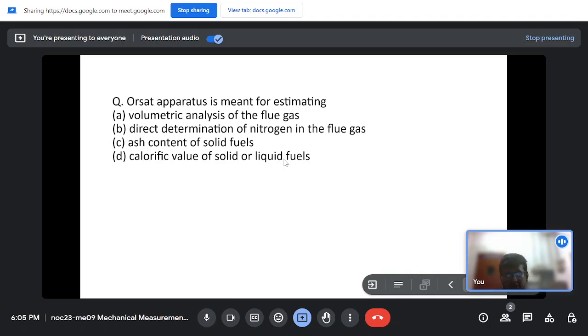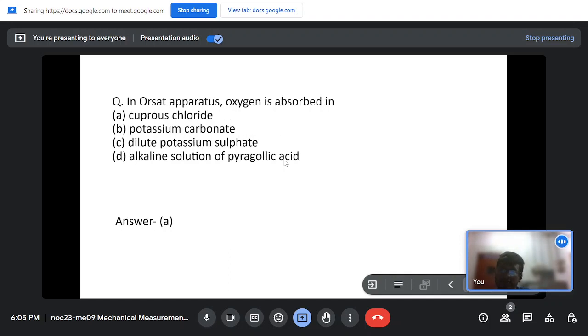Or D, calorific value, which is the amount of energy you get from burning a liquid or solid fuel. We know that the ORSAT apparatus measures CO2 and CO content in the flue gases. So the answer is A, volumetric analysis of the flue gas.